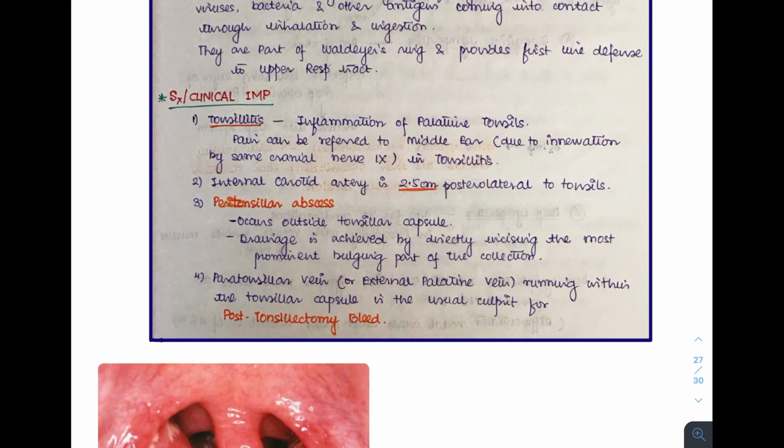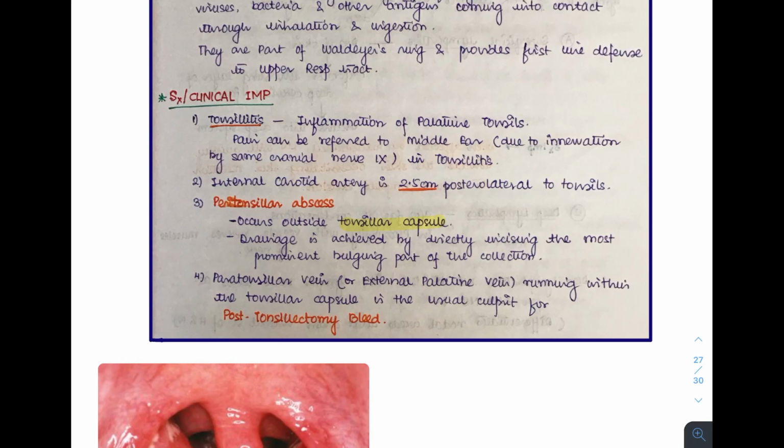Secondly, clinically, internal carotid artery is just lying 2.5 centimeter posterolateral to tonsils. This is a very important anatomical location. Next, peritonsillar abscess is something that can occur as a consequence of tonsillitis, which occurs right outside the tonsillar capsule.